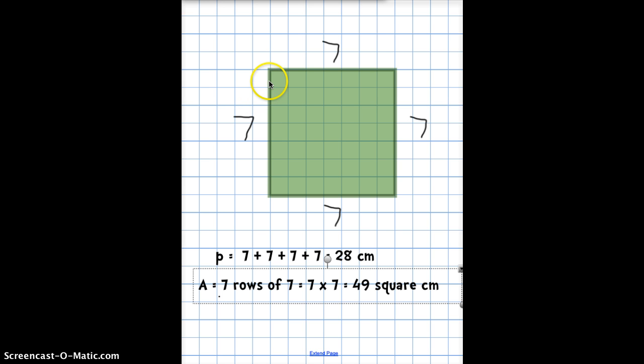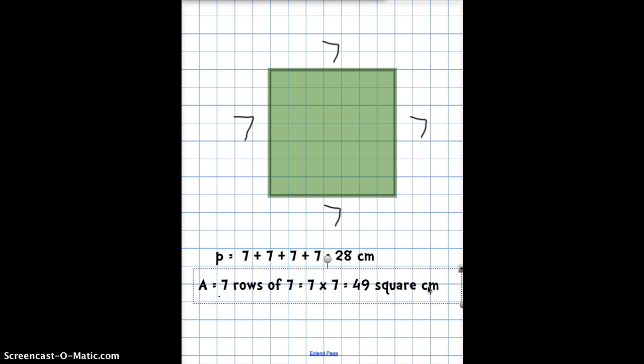And I just remind them that the area is how many rows of how many squares. So if they take a look at this, they can see here's a row of 7, another row of 7, another row of 7, and there are 7 rows of 7. Therefore, you use simple multiplication, 7 rows of 7, which is the same as 7 times 7, which is equal to 49 square centimeters.